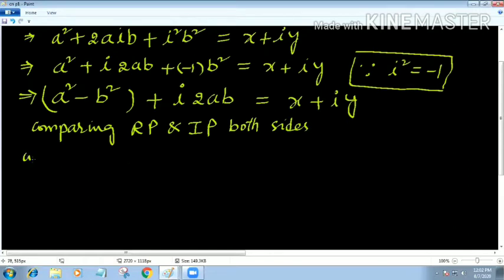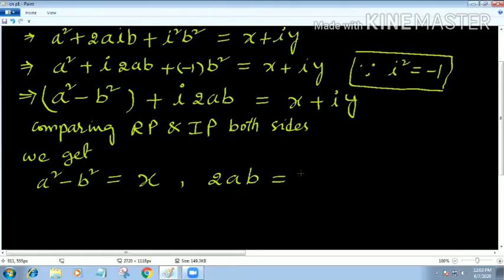Comparing the real part and imaginary part on both sides, we get: real part on the left side, a square minus b square, and real part on the right side is x, and imaginary part on the left side 2ab, and on the right side the imaginary part is y.